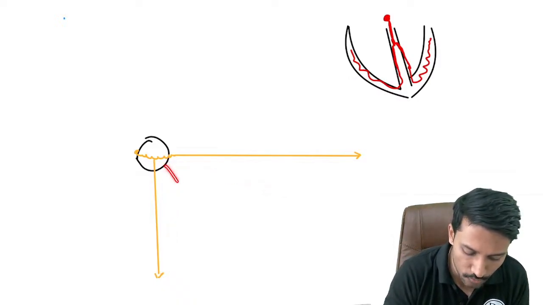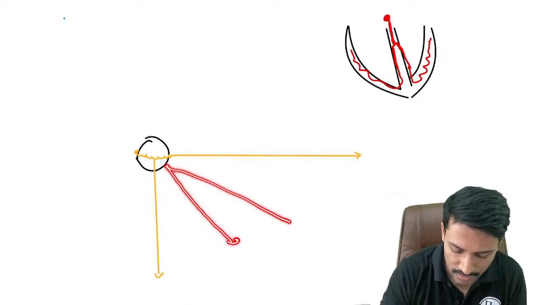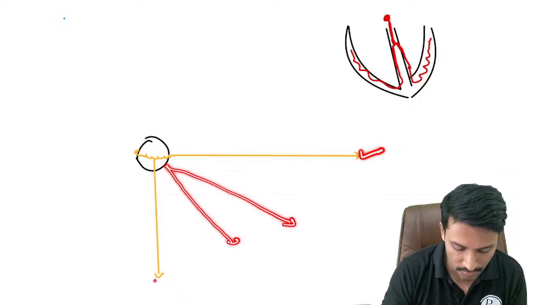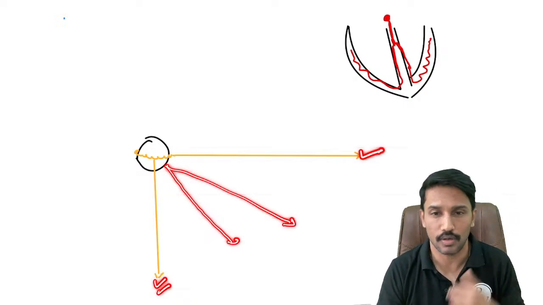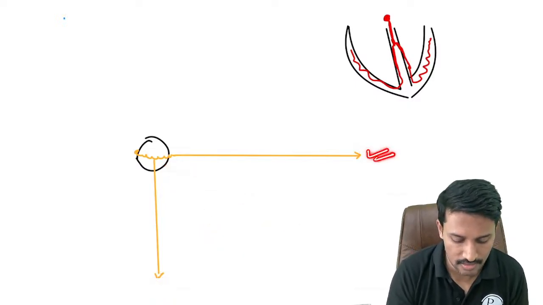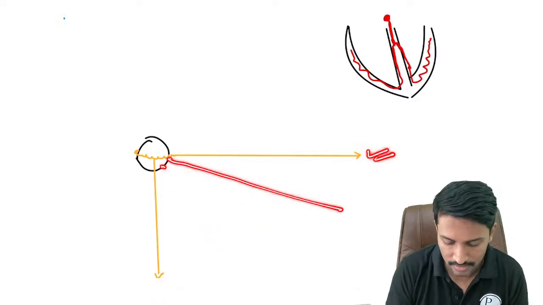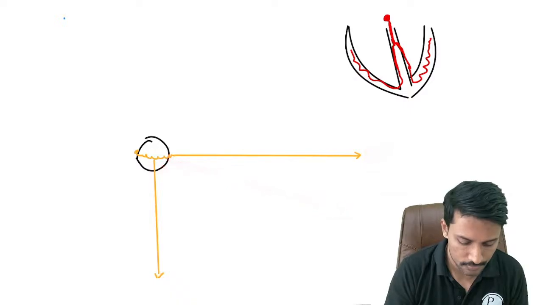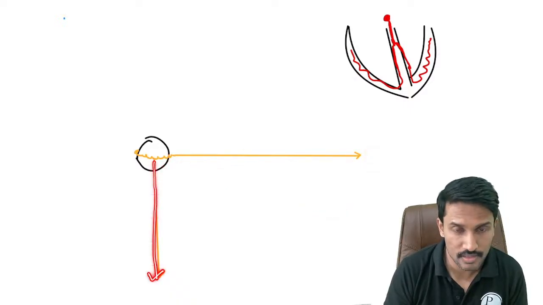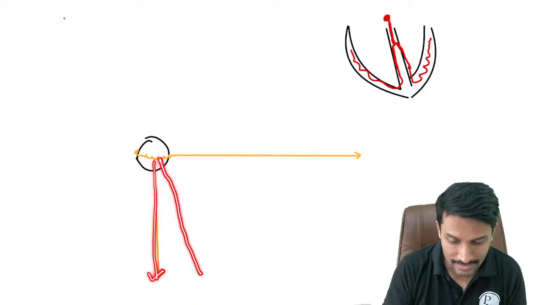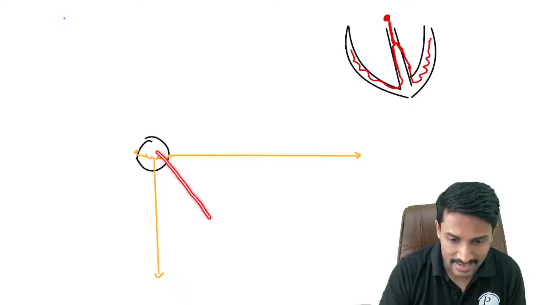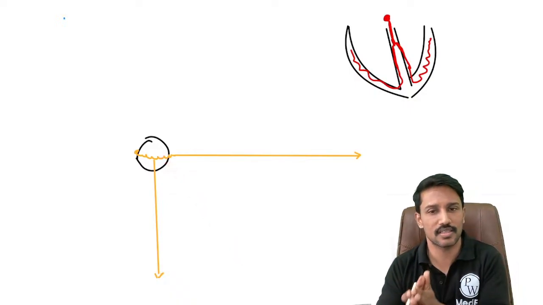So the net direction of movement will be somewhere here or somewhere here, depending on which direction is exerting the maximum pull, right? So if this direction is exerting maximum pull, the stone will move somewhat in this direction. And if we are exerting maximum pull in this direction, then the stone will move somewhat in this direction. So that net directional vector is what is the axis.